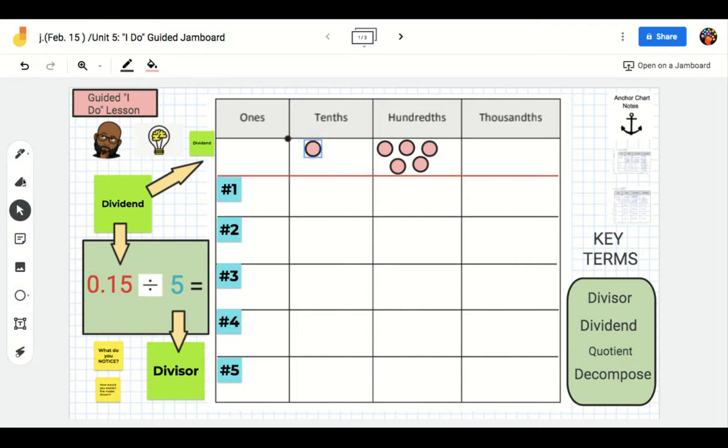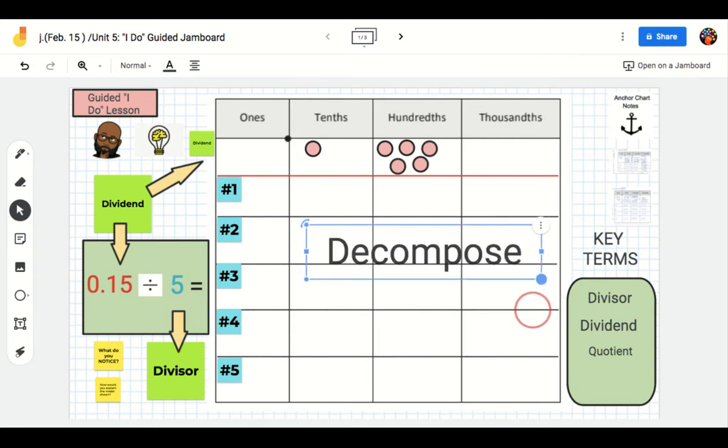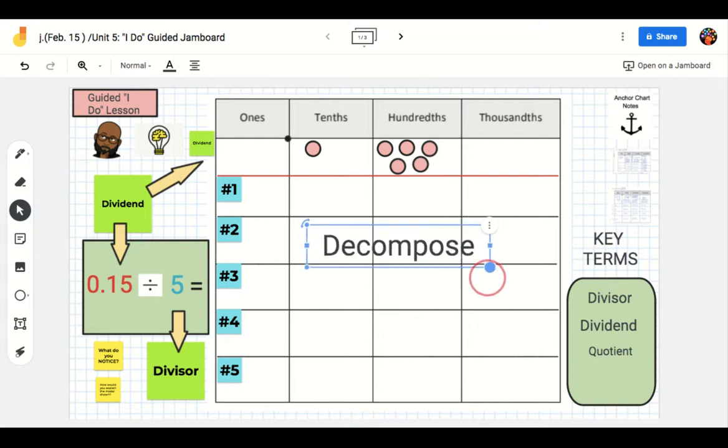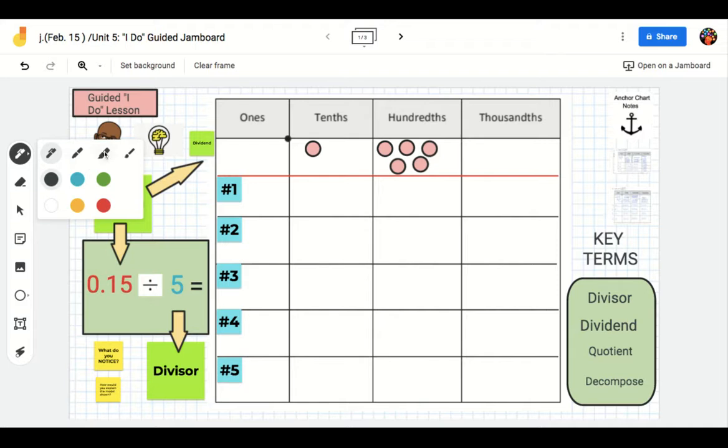So I must do what's called decompose. Fancy word. It's also used in science. Decompose. That means break it up. So I'm going to use math labeling.